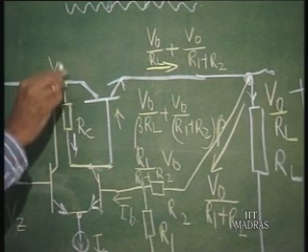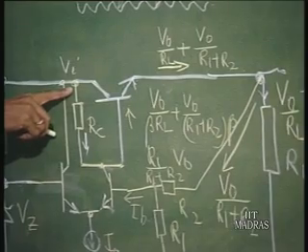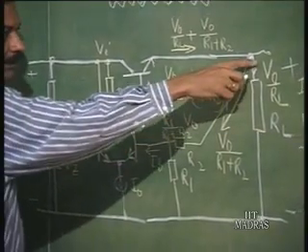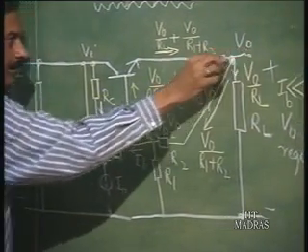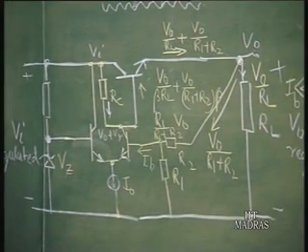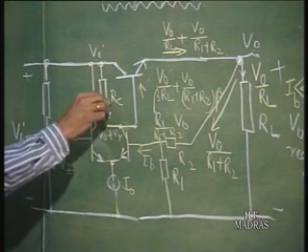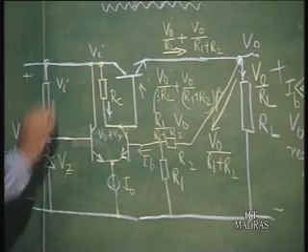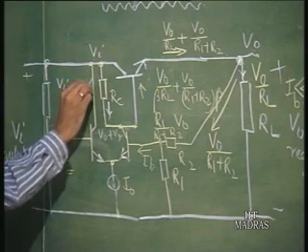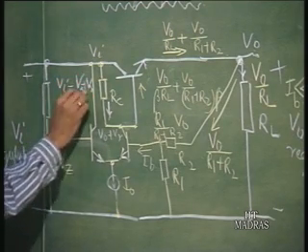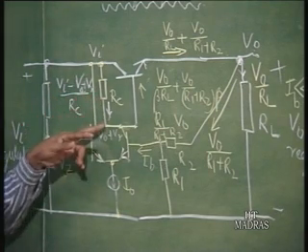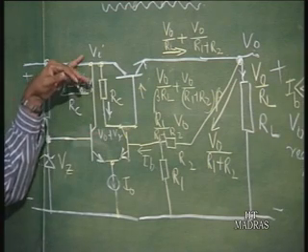This is at V I, well, we know this potential, and this is V naught, this is at V naught plus V gamma. So, the current in RC, this current is V I minus V naught, okay, minus V gamma by RC. So, this current keeps fluctuating as V I is changing.